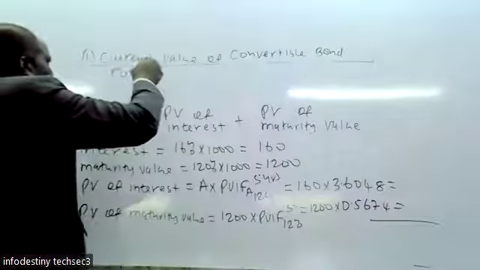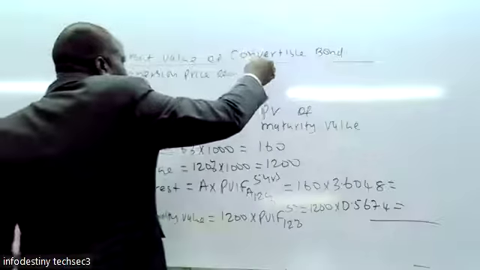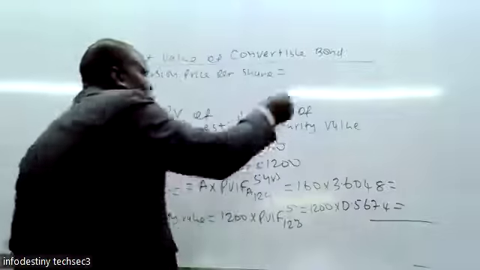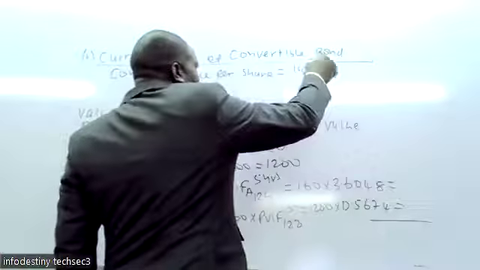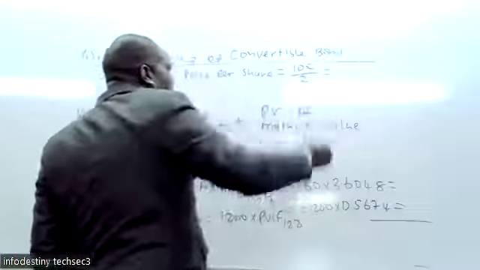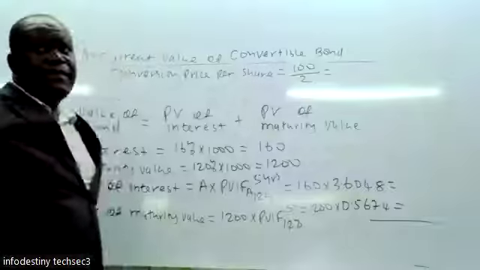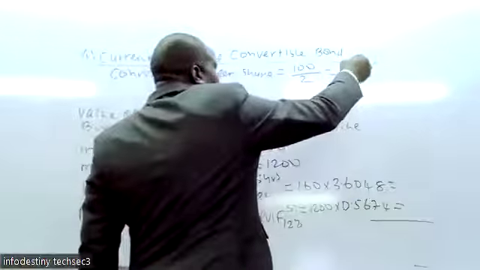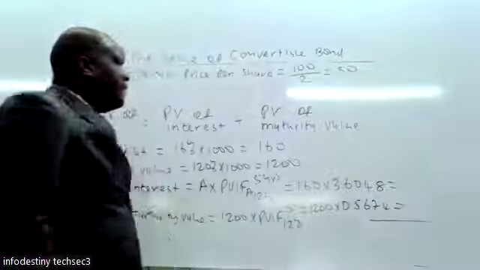The 100 is for 2 shares, which means per share will be 50.